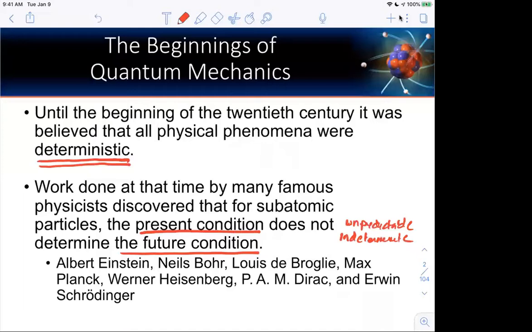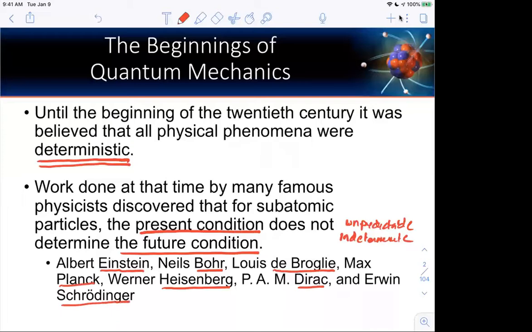So you've probably heard of a lot of these people. I mean, we've got Einstein, we've got Bohr. Maybe you guys haven't heard of de Broglie, but you will by the end of this module. We have Planck, we have Heisenberg, and that's the actual Heisenberg, not Walter White in the Breaking Bad series. We have Dirac, we have Schrodinger.